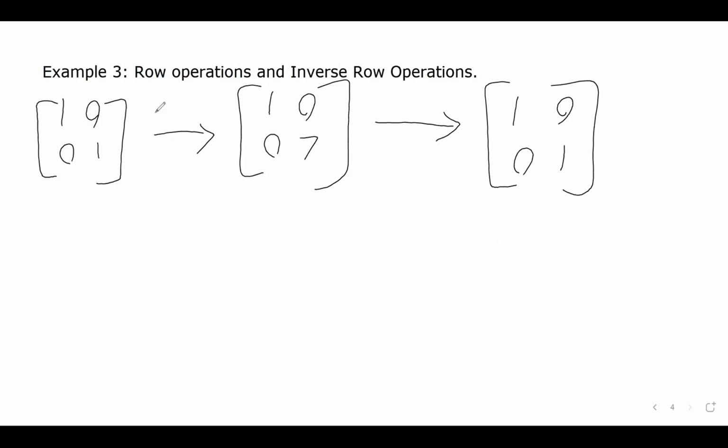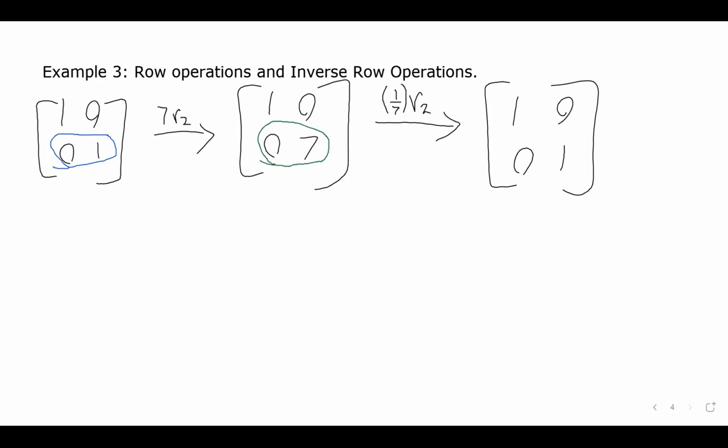So here I'm going to write 7R2. That means multiplying the second row by 7. And then here I'm going to write 1/7 R2, and that's shorthand for multiplying the second row by 1/7.